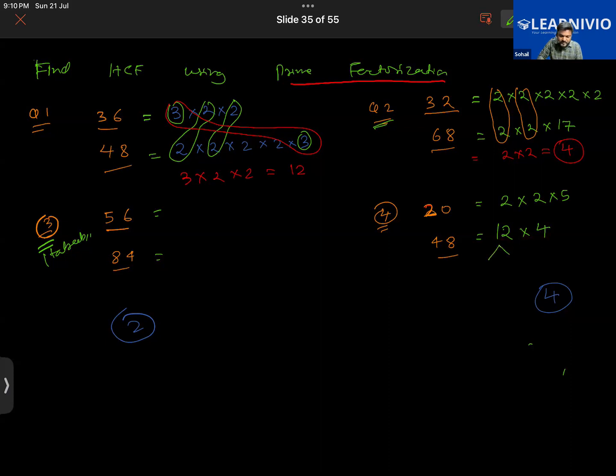So further, can I write 12 as 3 times 4? And 4, can I not write as 2 times 2? All of them will be multiplied with each other. But the problem is we still have the number 4, which is not a prime number. So further, can I not write it as 2 times 2?